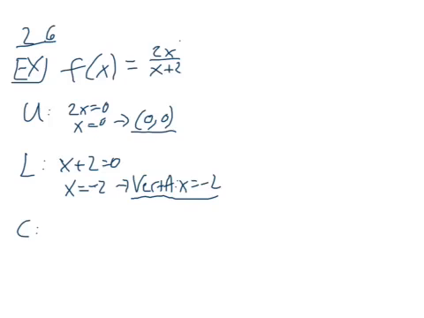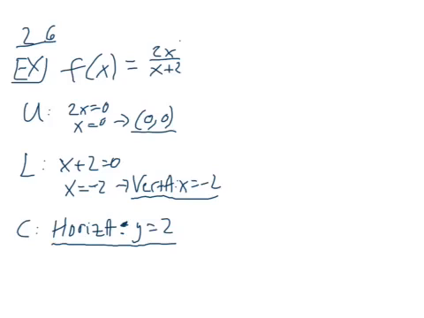Because the numerator is first degree, the denominator is first degree. So the ratio of leading coefficients is our horizontal asymptote. And the ratio of the leading coefficients is 2. So it's going to be y equals 2. There we go. It's hard to do the squiggle underline on here, so that's what I'm trying to do.